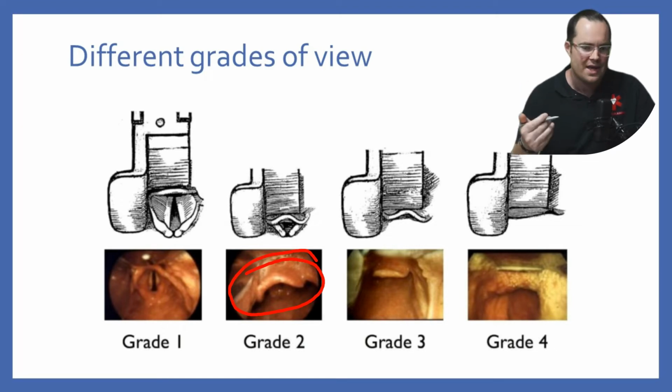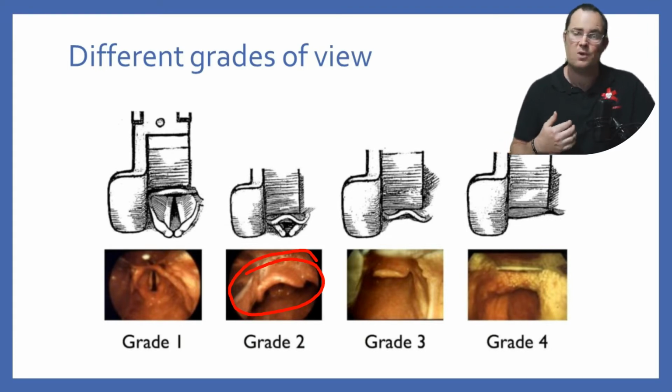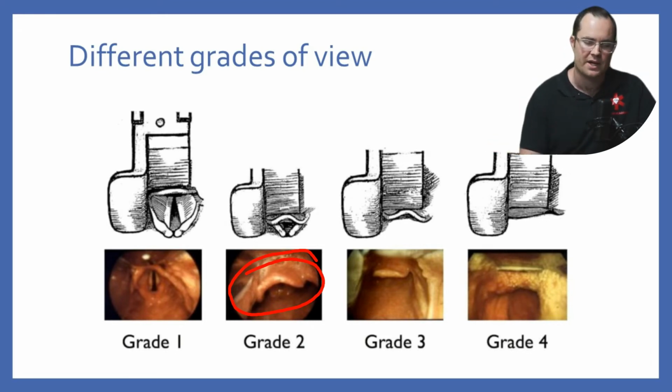Because if you know the anatomy, what is underneath the epiglottis? Take a look at that grade 1 view again. Right underneath the epiglottis is the glottic opening. It never changes. No, the glottic opening is always below the epiglottis.